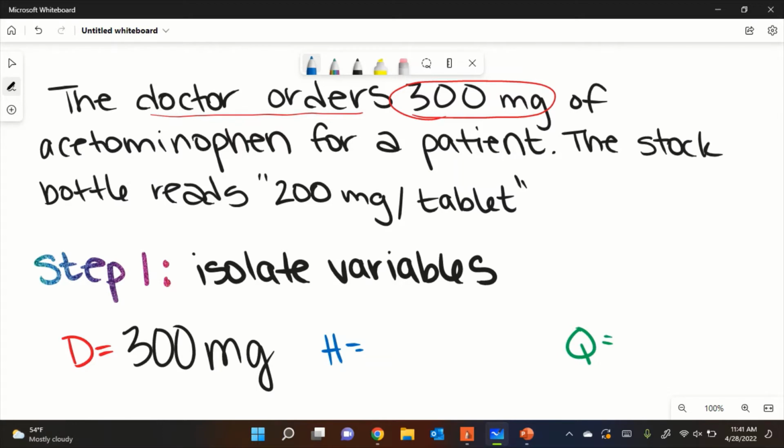That's what we're measuring, the mass of this medication. And so we're looking here in the metric system for some variation of grams. What we get is 200 milligrams per tablet. And so everything before the slash or the word per is going to be our H. In this case, it is 200 milligrams.